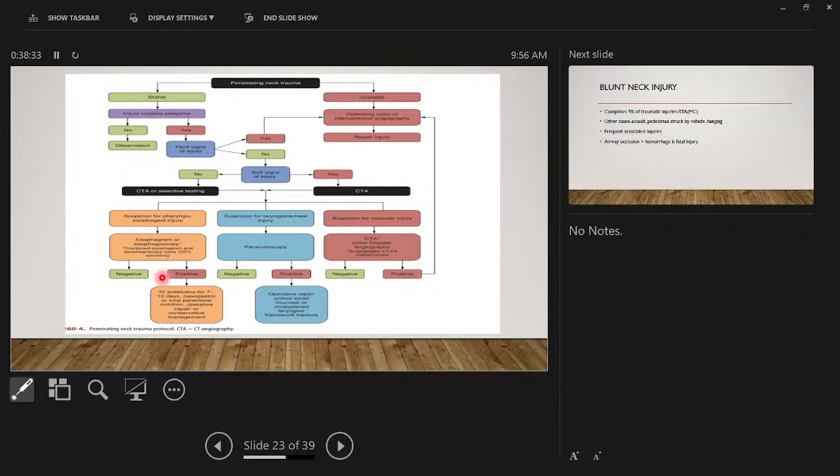Expanding hematoma. You can see vocal cord mobility. What else can you see? You can check for the paratracheal hematoma. Thyroid. Then what can you check for?